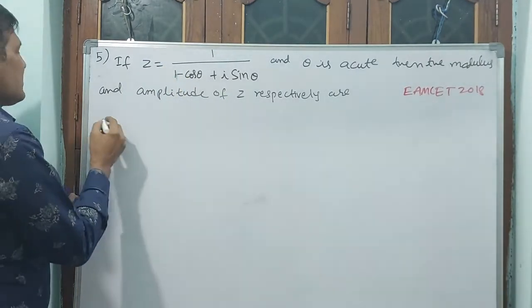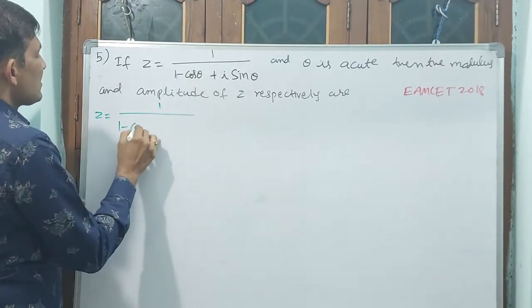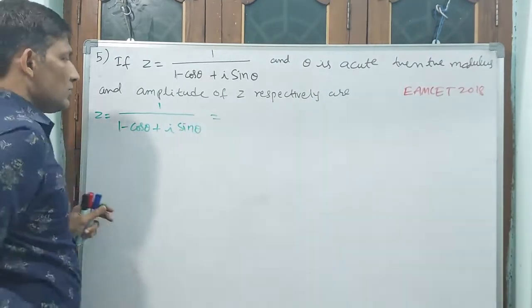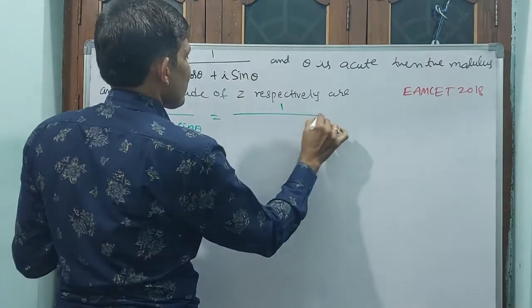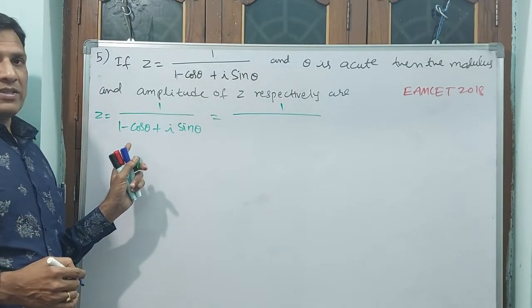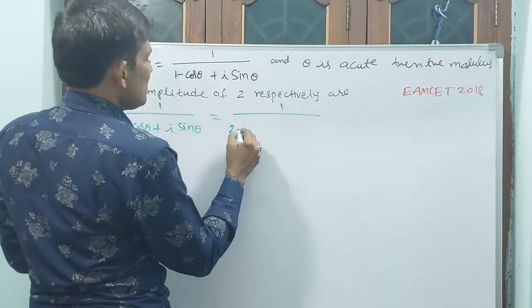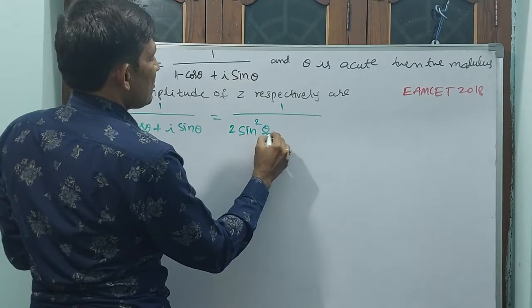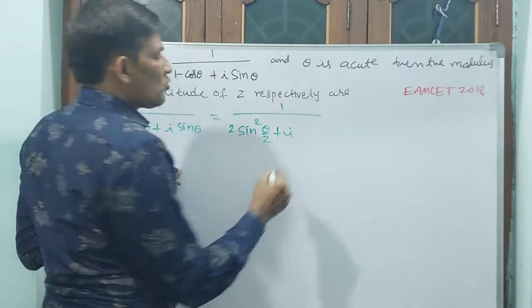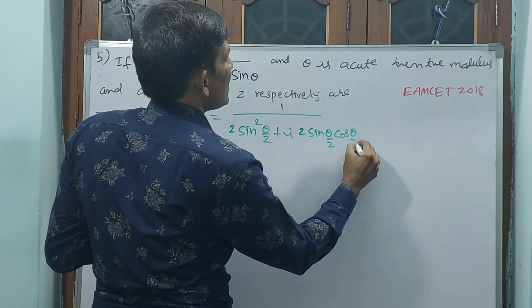First of all, let us write Z. Z is equal to 1 divided by 1 minus cos theta plus I sin theta. That is equal to, like the last question, where 1 plus cos theta was 2 cos square theta by 2, here 1 minus cos theta is 2 sin square theta by 2, plus I sin theta as usual, 2 sin theta by 2 cos theta by 2.